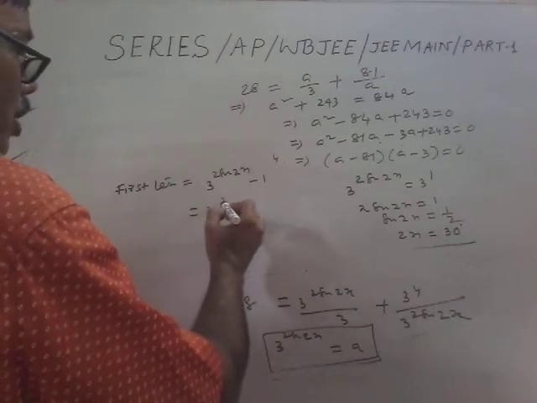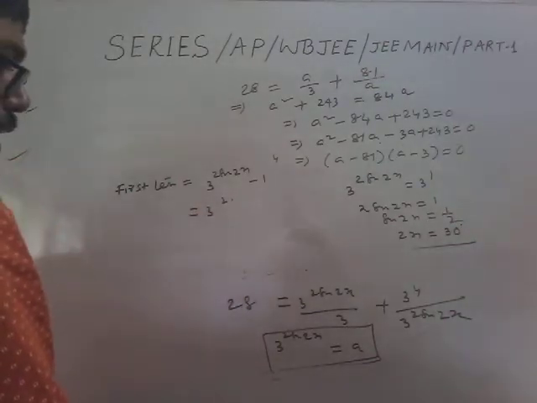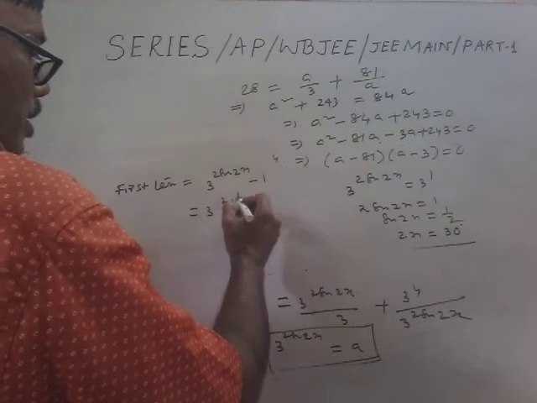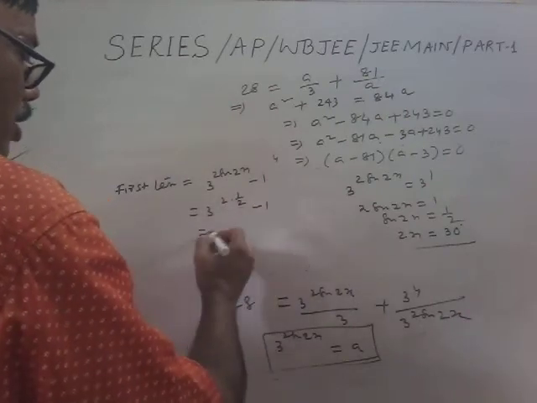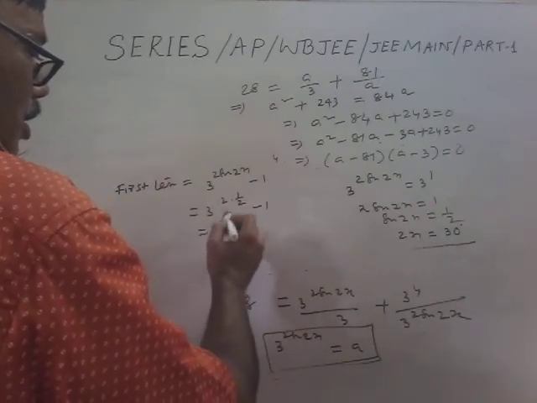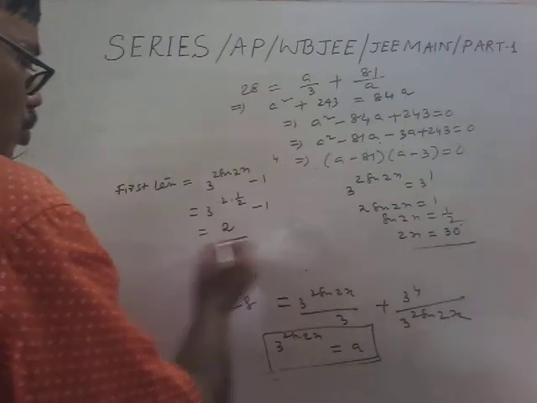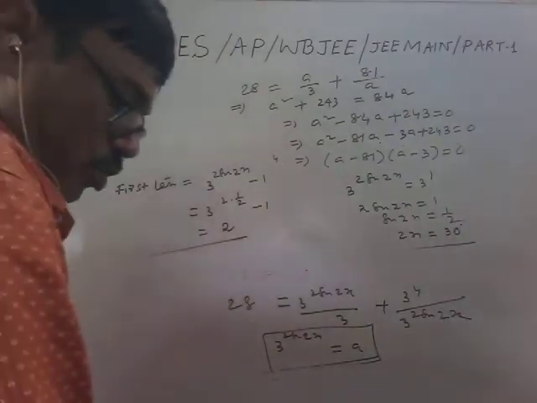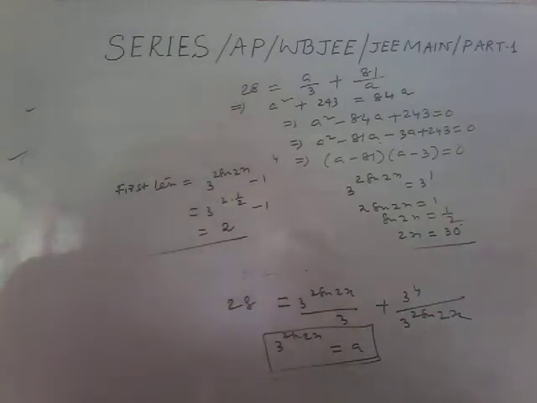So 3 to the power 2 and sin 2x, what is sin 2x? Half, minus 1. So 3 minus 1, this is 2. First term is 2.